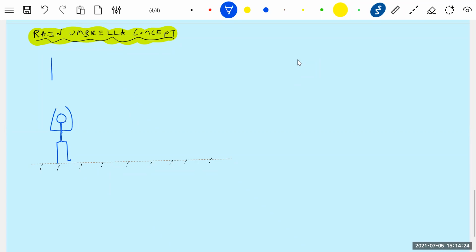Rain is falling vertically. A very simple concept you can manage. Let me take the velocity of rain as 10 meter per second. Then the person should not get wet, no? So definitely what you'll do is bring an umbrella.